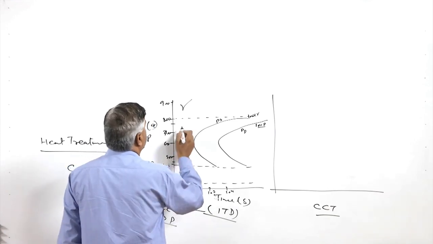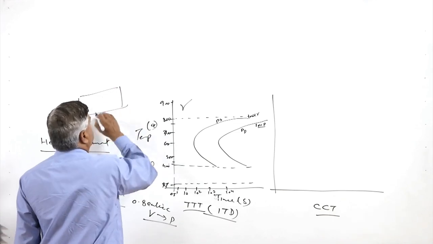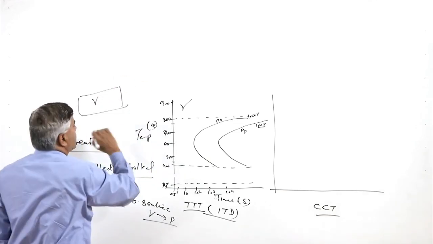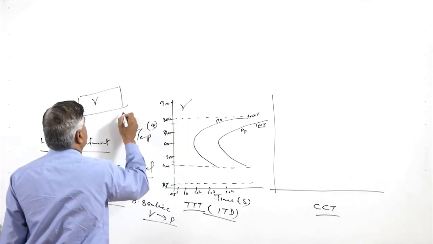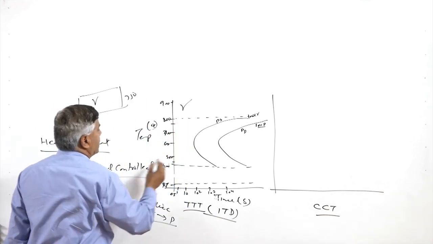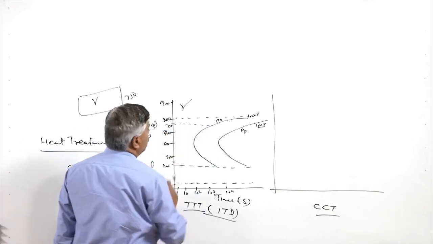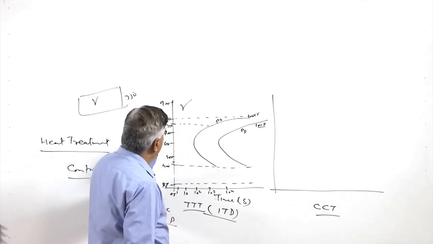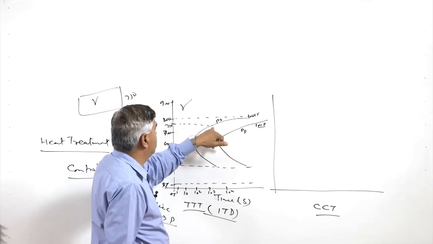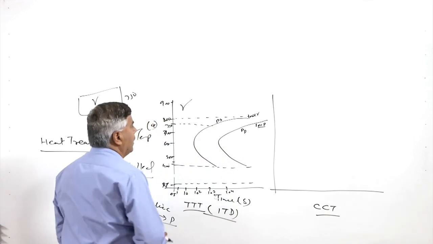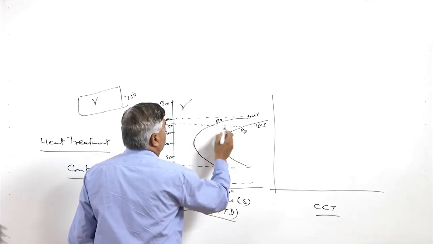So, when the steel bar is heated into the homogeneous austenitic state and held at, say, 750 degree centigrade, this is the line corresponding to 750 degree centigrade. On holding at 750 degree centigrade, there will be no transformation of the austenite up to this much time, and thereafter it will start transforming into pearlite.